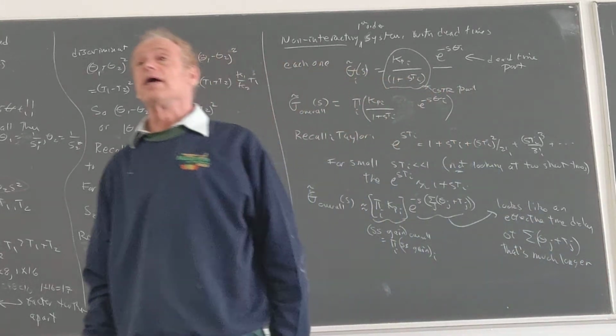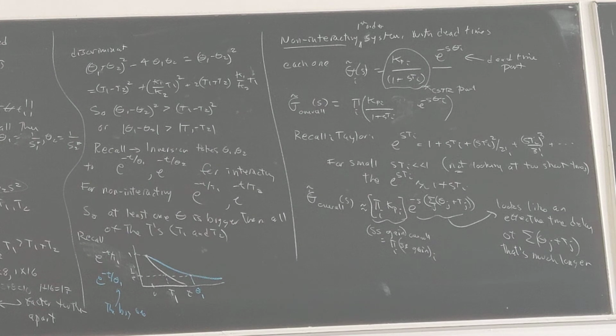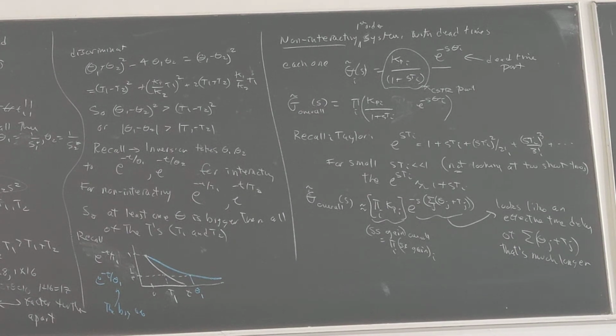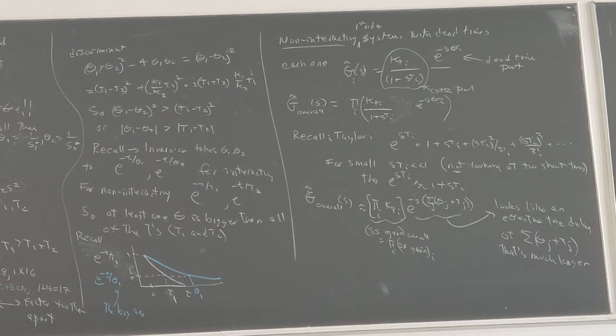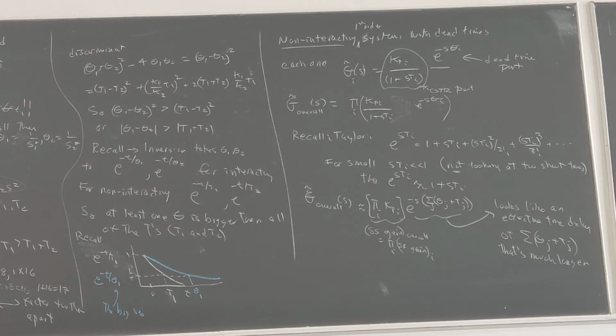So it looks like each of the first order systems is making the delay longer. So again, this is going to be sluggish. It's going to take longer for things to happen. It's like there's a longer time delay.